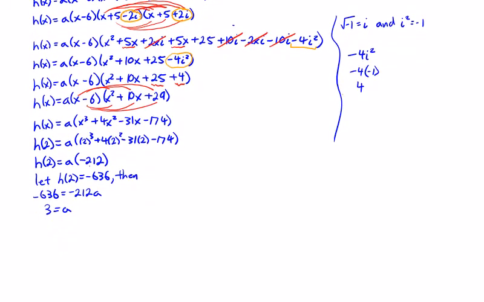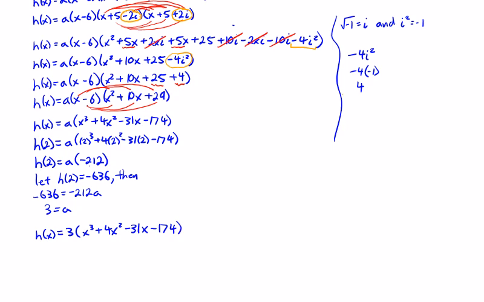That means we have the last piece to the puzzle. Go back to writing h of x. Now you input 3 for a, and you'll have 3 times x cubed plus 4x squared minus 31x minus 174.